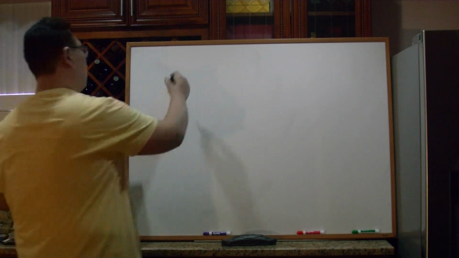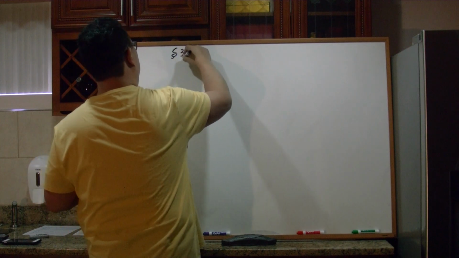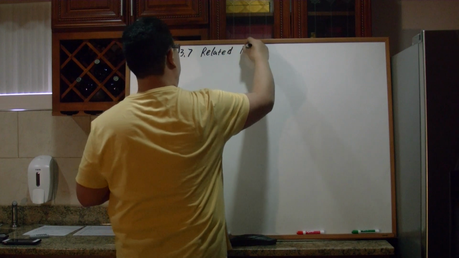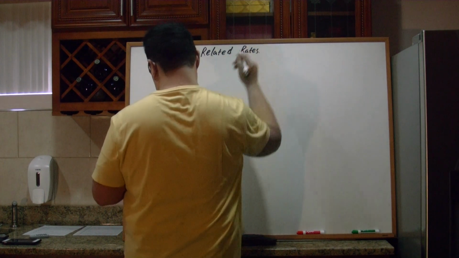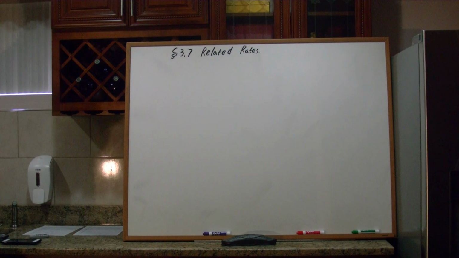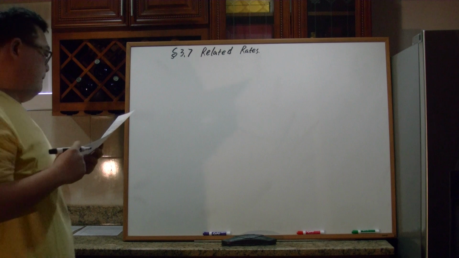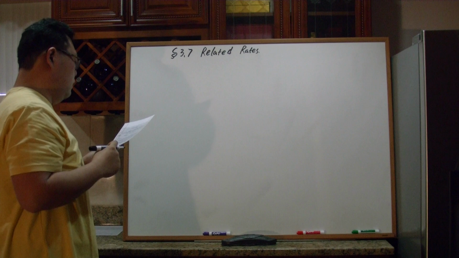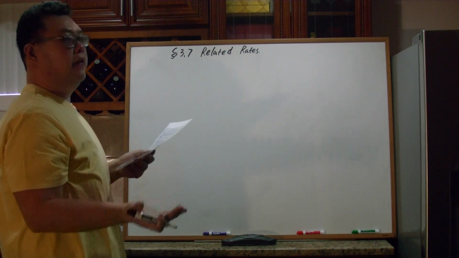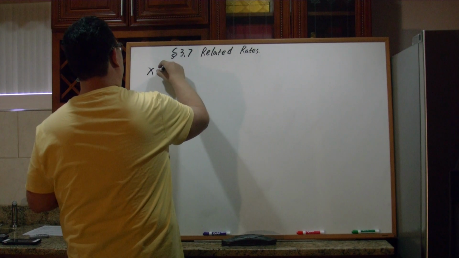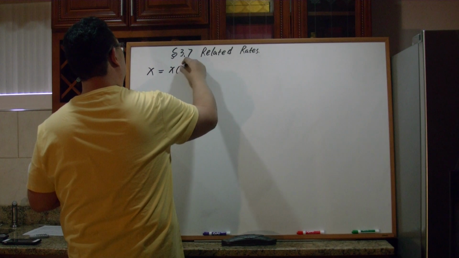Then we go to the last section in this chapter. Section 3.7 is about related rates. So we use the idea that every variable, for instance the variable x and the variable y, is a function of time.